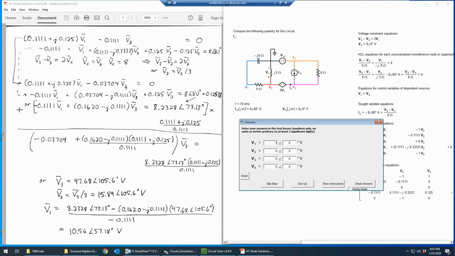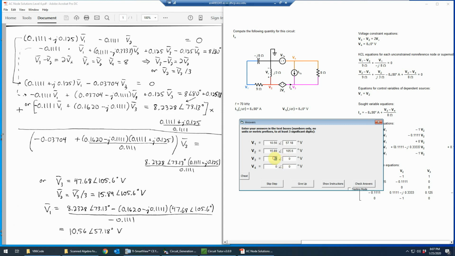So 10.56, angle 57.18. And then the V2 bar was this value, so that's 15.89. And the angle is 105.6.